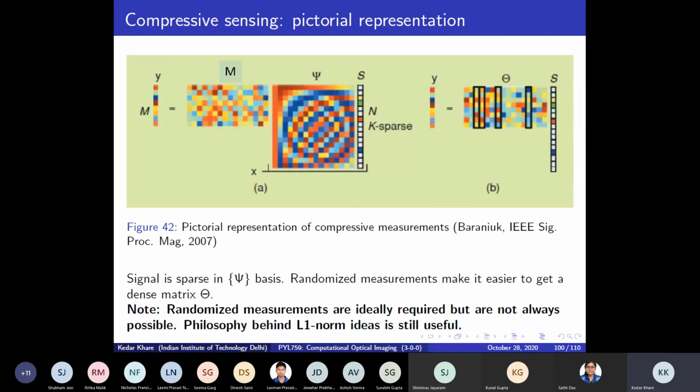So this is just a note to remember that randomized measurements are ideally required, but they are not always possible. However, the philosophy behind the L1 norm and these ideas is still proving to be quite useful in a large number of imaging problems.